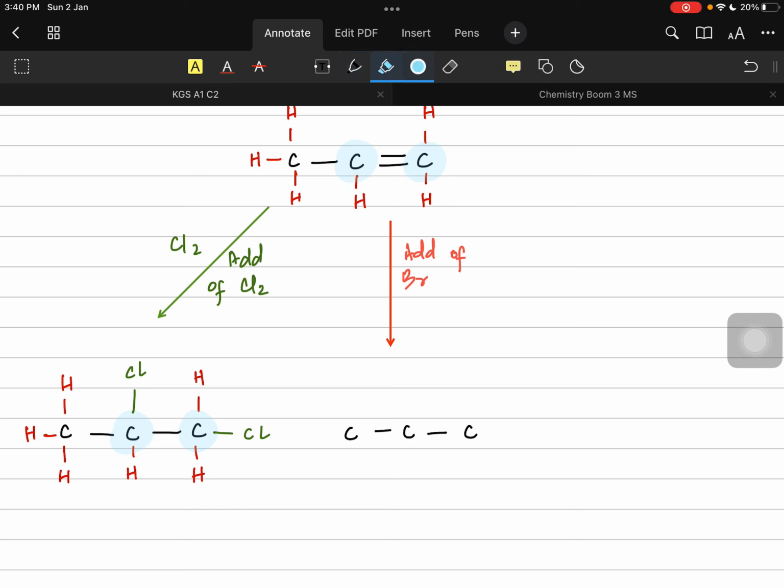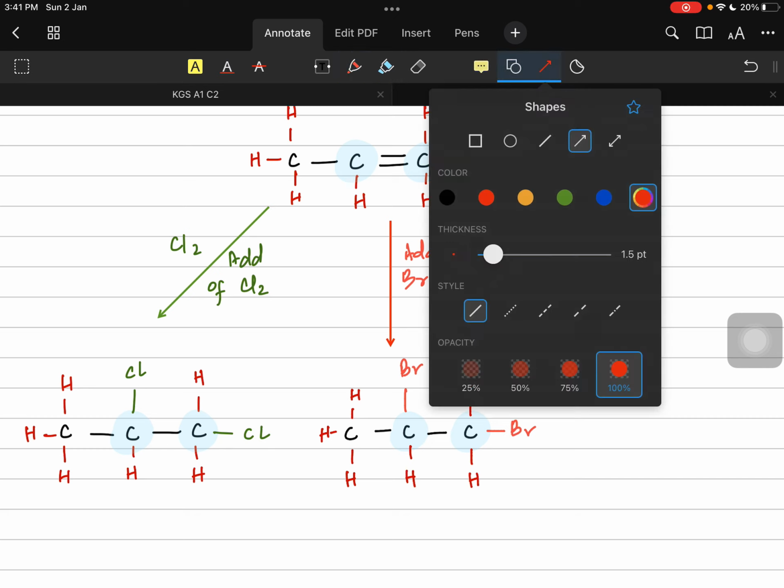Previously you had a double bond, but after the addition reaction there is no double bond. I'm just highlighting the carbons. You draw the hydrogens as they are. So this is the first hydrogens, these 3, a hydrogen over here, these 2 hydrogens over here. You make sure you draw 2 bromine atoms, one over here, the other over here, and you are done with the product.